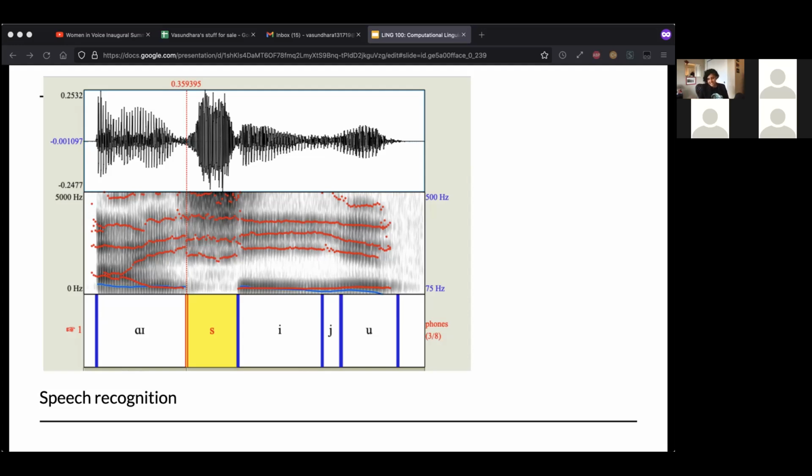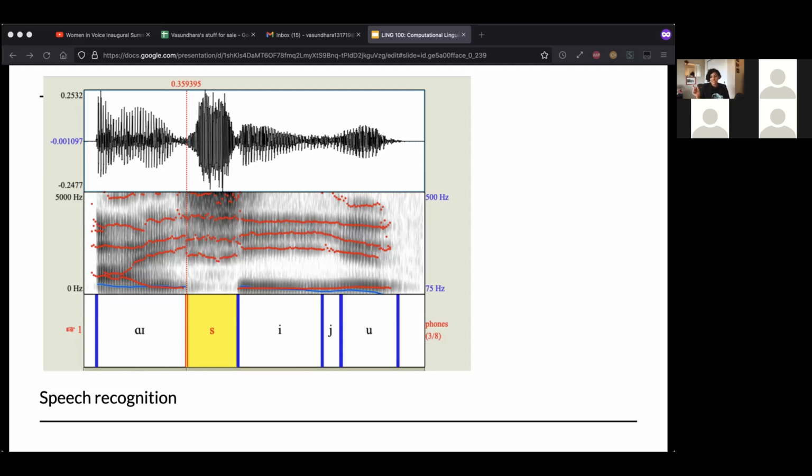A spectrogram is, again, just a different way of visualizing the same thing, which is sound. If you go on to do more linguistics, if you do phonetics classes, you'll have to use this software called Praat, and you'll deal a lot with these spectrograms, which are ways of looking at different speech sounds.